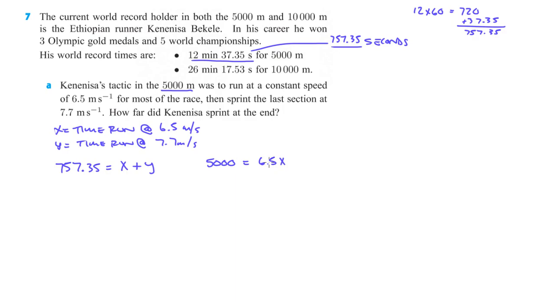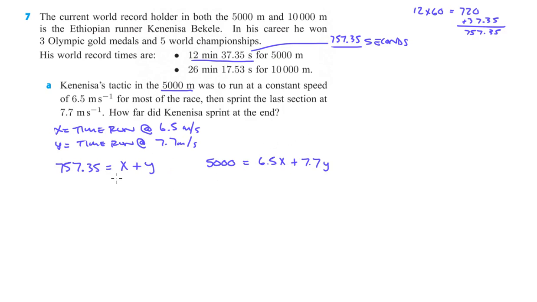So if he ran for, say, 700 seconds at 6.5 meters a second, 6.5 times 700 will give us the distance. So we get 5,000 equals 6.5 X plus 7.7 Y, the distance at the Y speed. Okay, so now we have our two equations, two unknowns.